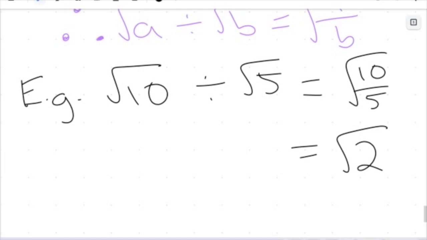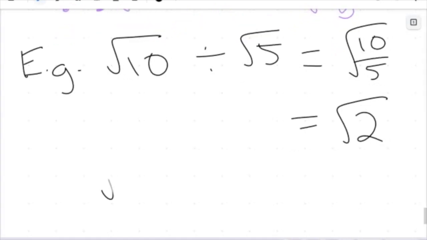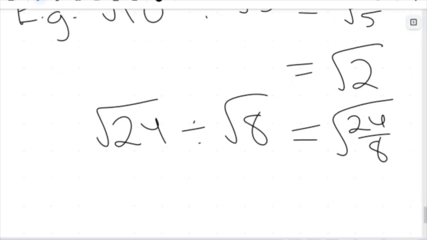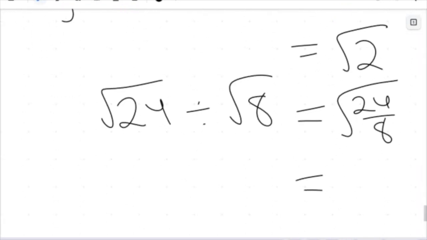And one more here. If we took the square root of 24, divided that by the square root of 8, I get the square root of 24 divided by 8, and then that gives me the square root of 3, which is once again a surd. So these are all of the operations we've learnt back in primary school.